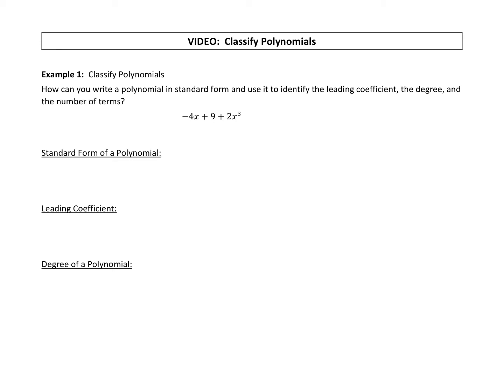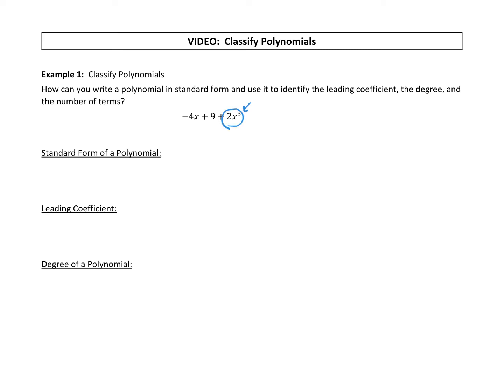So standard form of a polynomial is going to have all like terms combined. So if we check out this polynomial, there are no like terms to combine. And the proper order to write this, and I don't think you guys will be surprised, we're going to start with our highest exponent with our variable. So the highest exponent here is a 3, so this whole term is going to go first.